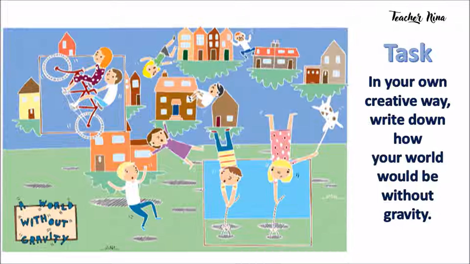How would it be if there is no gravitational pull on Earth? Write it down. If you like essays, you can write an essay, you can write a poem, anything. You can just have a list of things that would happen. It's up to you. Okay, go on, do it.